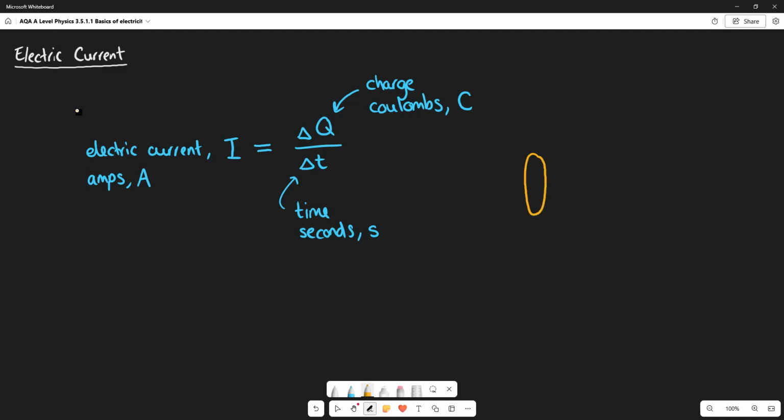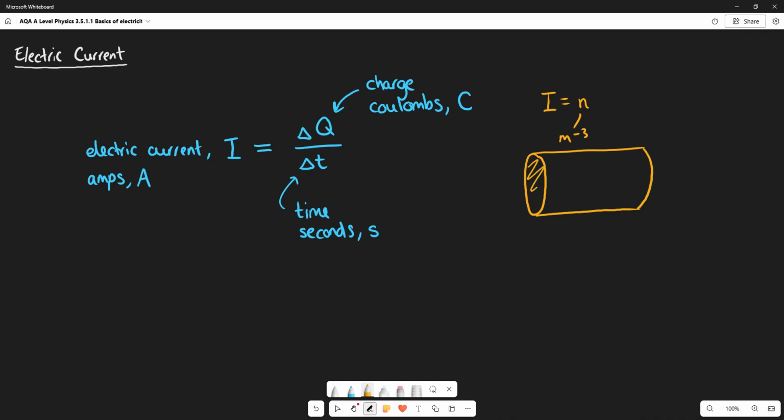If we have a look at a conductor, then in order to calculate the current flowing through that conductor, we need to know how many electrons there are available to carry the charge per meter cubed in that conductor.